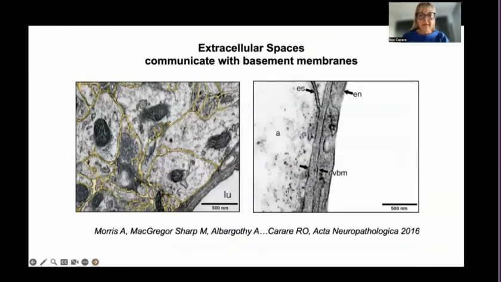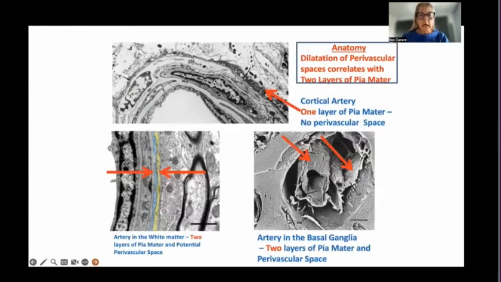The extracellular space of the gray matter communicates directly with the basement membrane of a capillary, as you can see here. And the perivascular compartment formed by the two basement membranes of the glia limitans and the arachnoid layer is present in the gray matter.